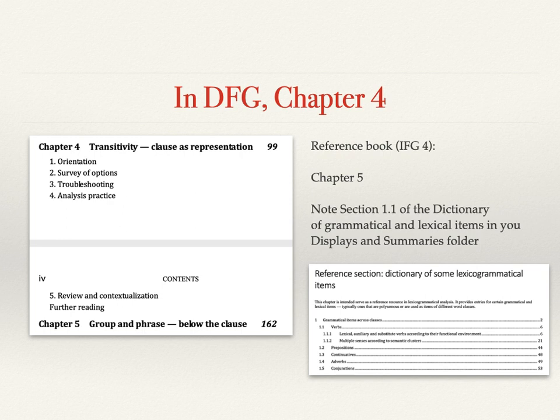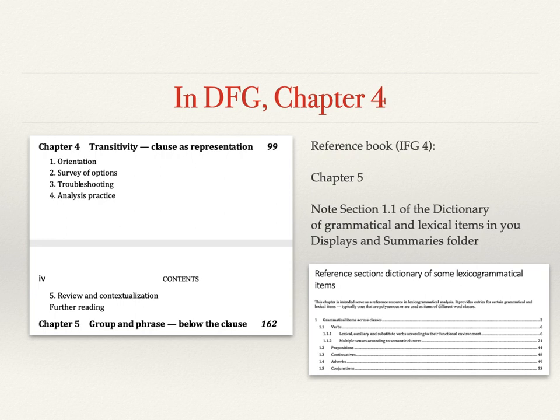In your material, this is chapter 4 in the textbook, Deploying Functional Grammar, and it consists of the usual subsections. So read the orientation first, just to warm up to the rest of the description of transitivity. If you need more detailed references, it's chapter 5 in Halliday's Introduction to Functional Grammar. And note that in your shared folder, you have the Dictionary of Grammatical and Lexical Items, and a very long section 1.1 is devoted to verbs.